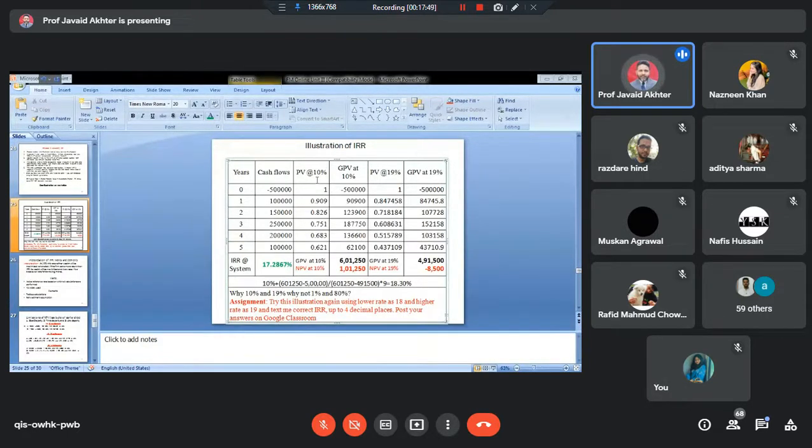So we are taking these two figures at 10 and 19. There is a gap of 9%. Closer the gap between two figures at which we try, more accuracy there will be in our answer if we are doing it manually.